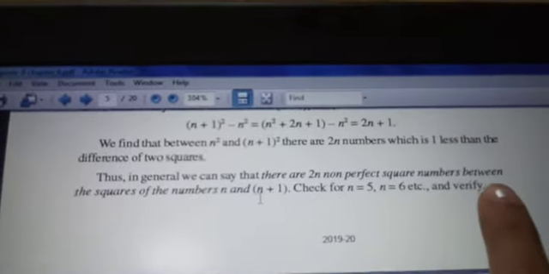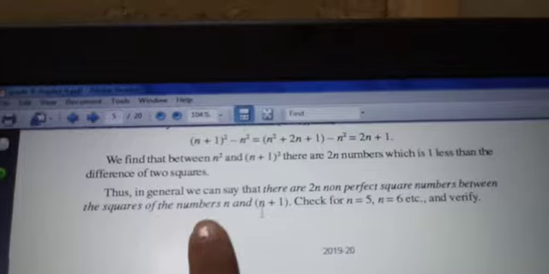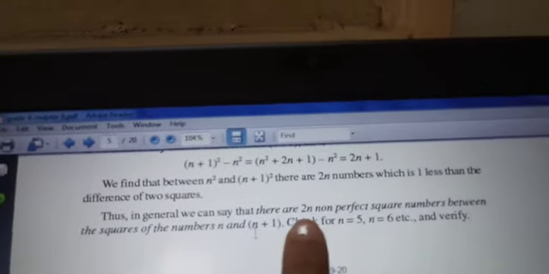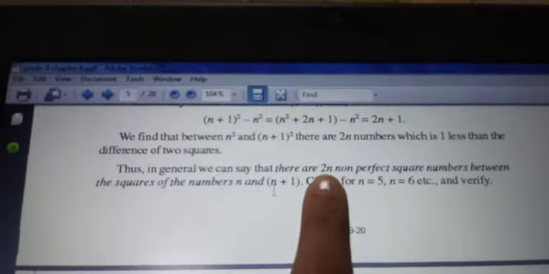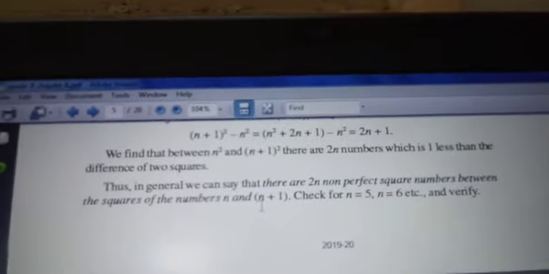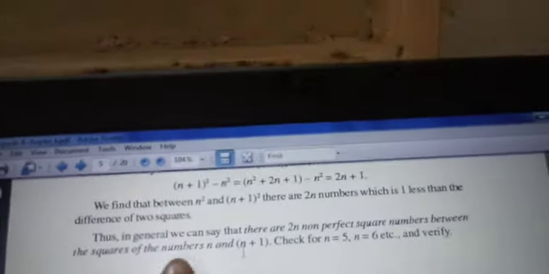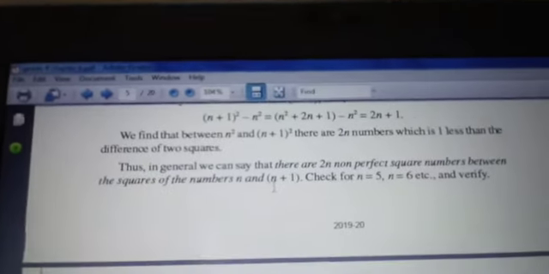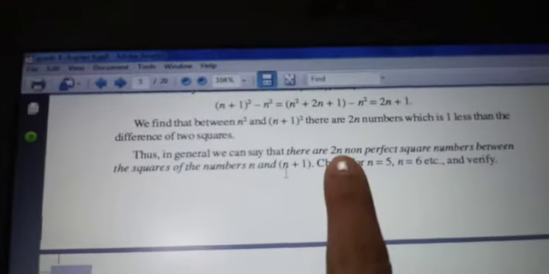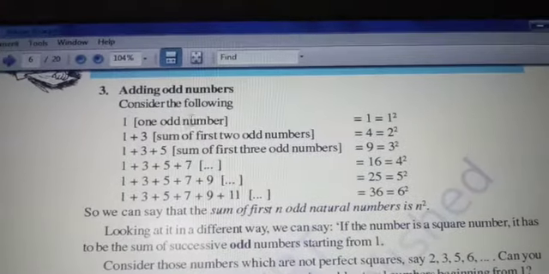Non-perfect square numbers between the square numbers of n and n plus 1. Actually, 2n is the number of numbers between two square numbers. Between these two square numbers, 2n numbers will be there. For that purpose they have given the formula 2n. Understood?